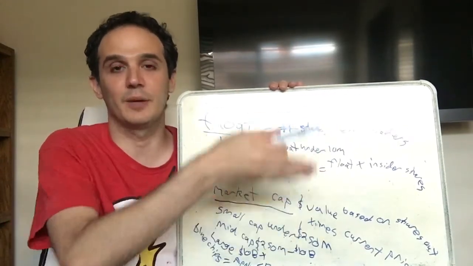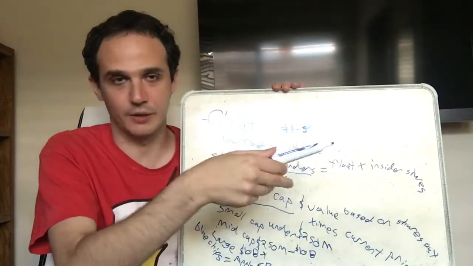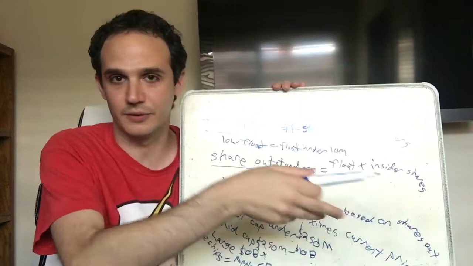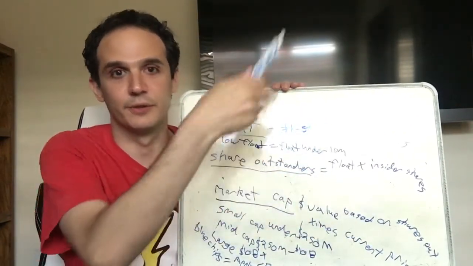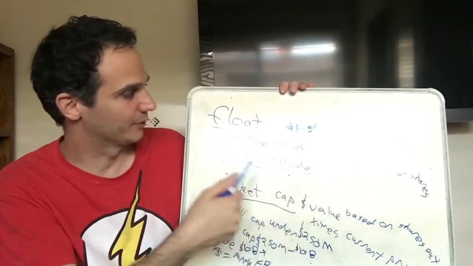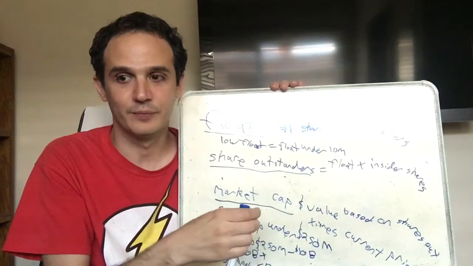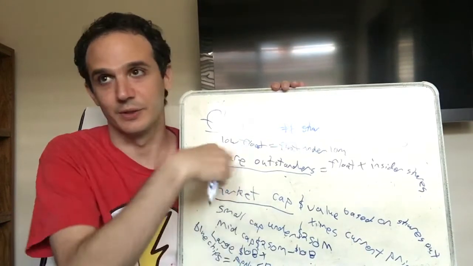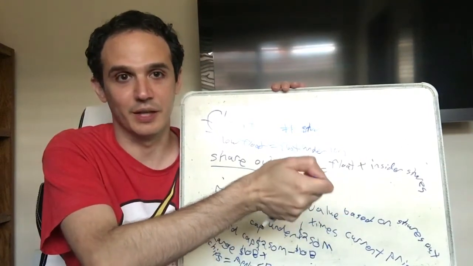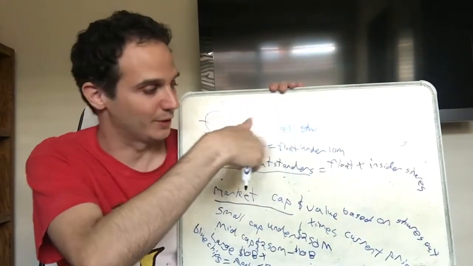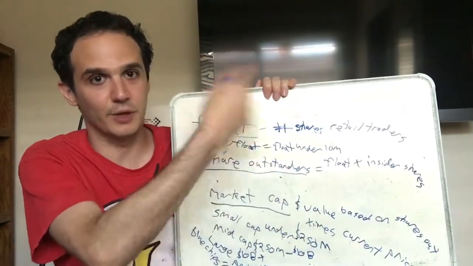So if a stock gaps up and there's news, and it looks like the stock might trade 50 million volume, and if the float is only 5 million shares, then we can also say, instead of market cap rotation, float rotation.